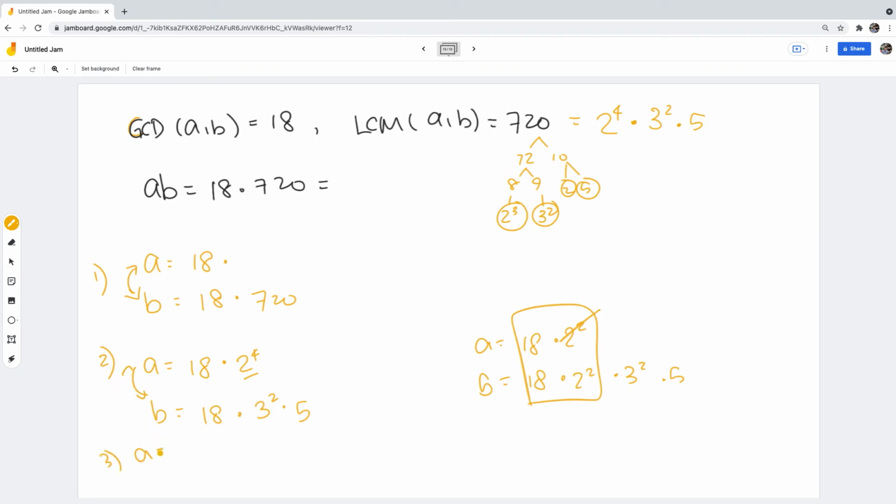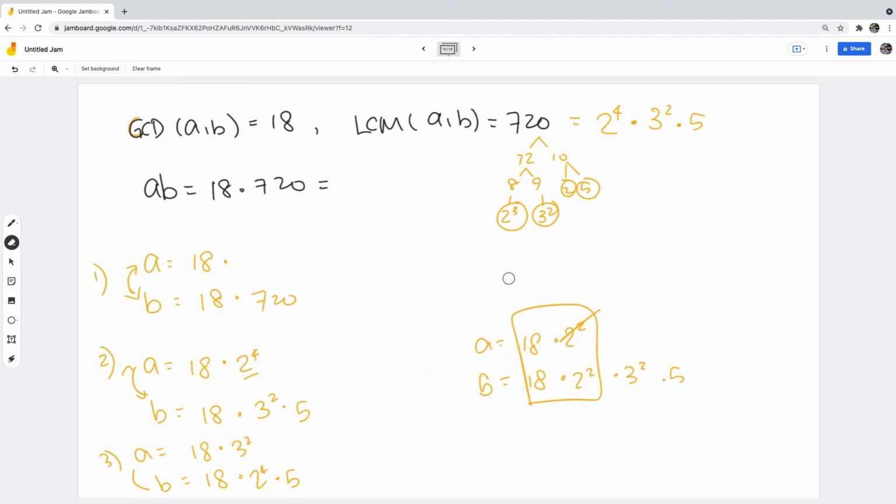So if we keep doing that, we know that A and B are 18 times something, differently. If I give 3 squared to one number, the other gets 2 to the 4th and 5. These are all different combinations, right?